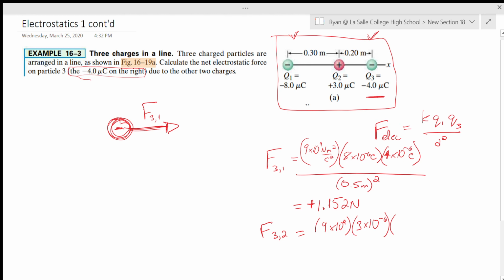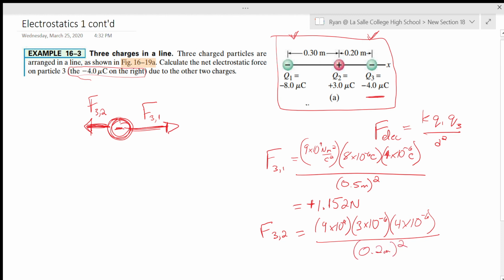Well, they're opposite charges, so Q3 is going to want to be attracted to the left. So I'm going to draw an arrow to the left called F32. And then we list Q3's charge, and the distance between them is 0.2 meters squared.